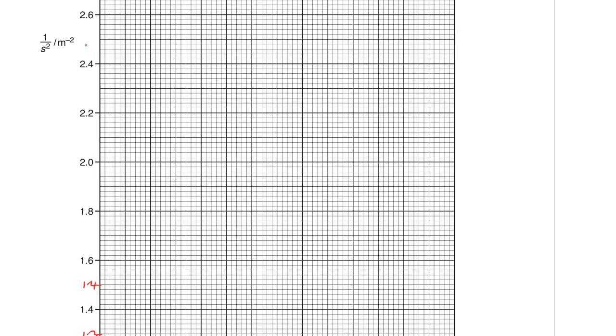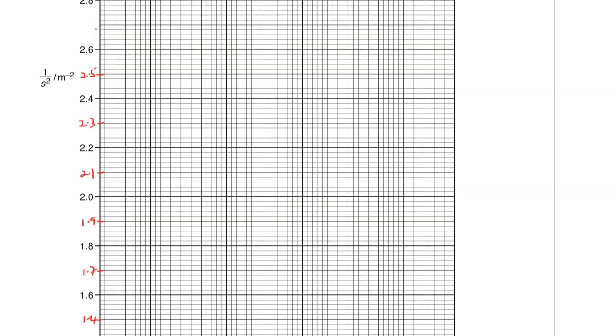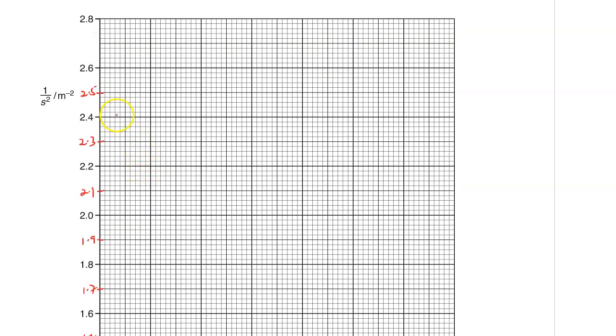I like inserting this value to make it easier when I'm plotting my graph. This is 1.7. This point here is 1.9. This point here is 2.1. This point here is 2.3. This is 2.5. And so on. 2.7 is here. And don't forget, this is S.